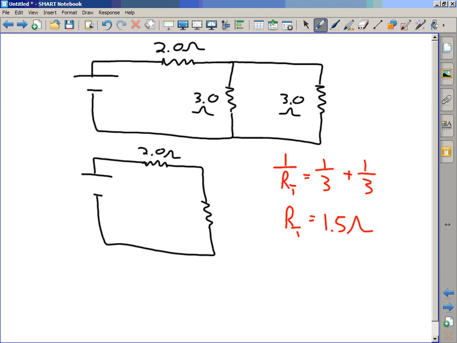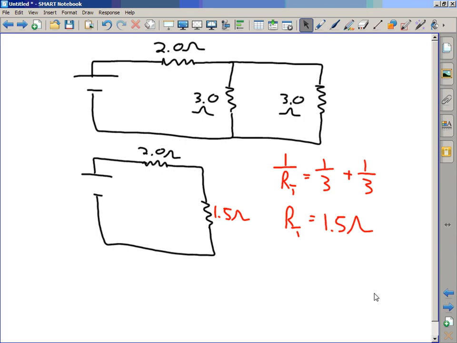Okay. So this tells me this is 1.5 ohms. I took those 2 parallels and I reduced them down into a single resistor. Okay? I'm working step by step by step. There's only one more step left. Those 2 resistors, parallel or series? Series, textbook, right?